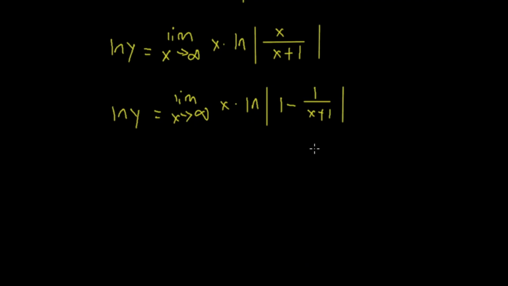Now still, if I put infinity into x here, this will become 1, ln of 1 is 0, but if we put infinity here, it's 0 times infinity. That may not tell us much either. But we can rewrite this. Times x is the same as dividing by 1 over x, like this.